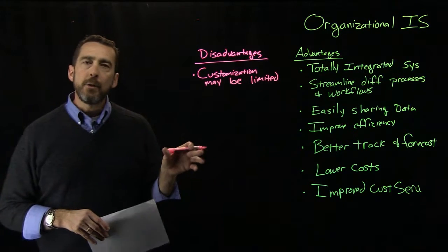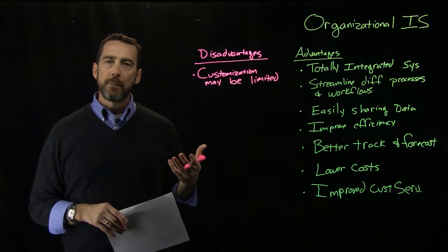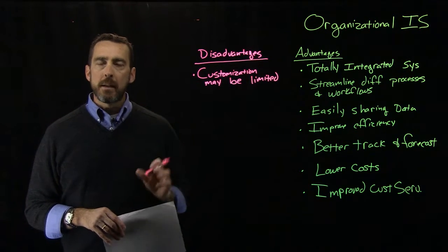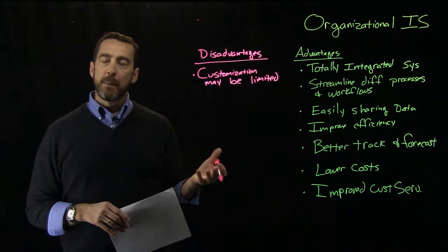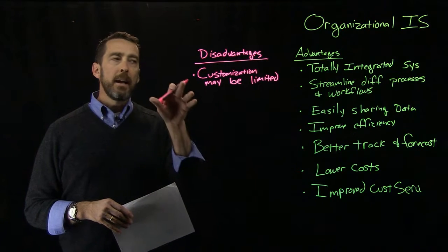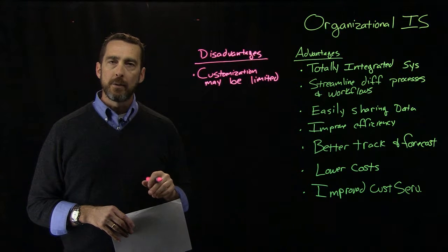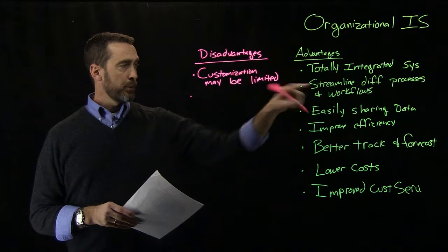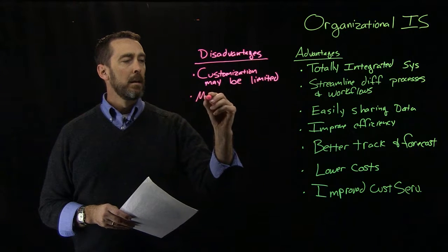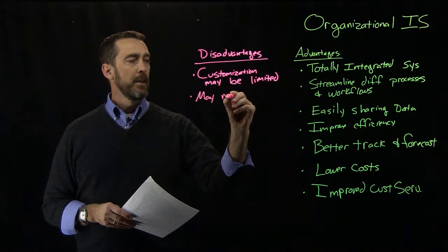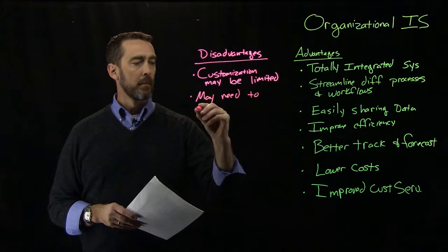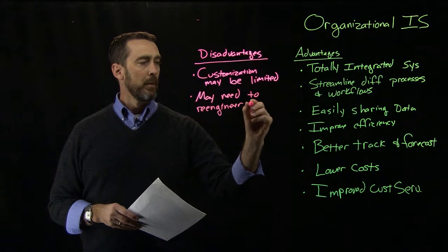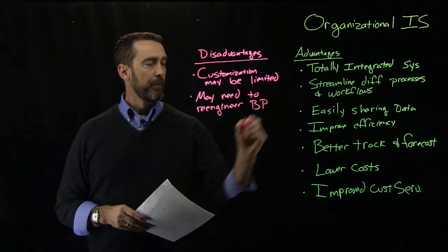Part of the issue is if your business is doing something that's really unique, it may be that the ERP system can't handle that. And depending upon the system that you purchase, you may not have much of an ability to customize. Another, and this goes with the streamline, is that you may need to re-engineer your business processes.